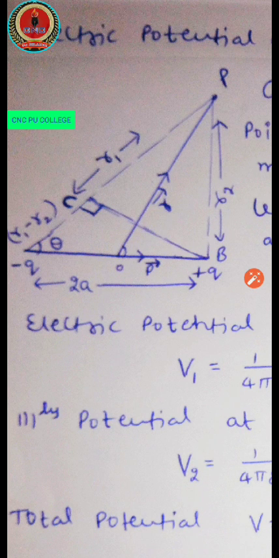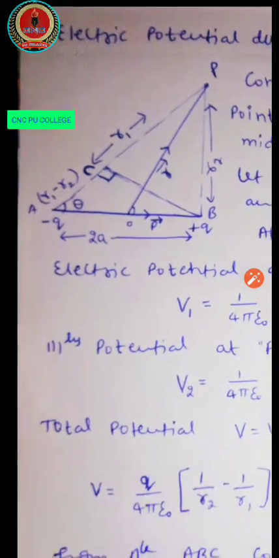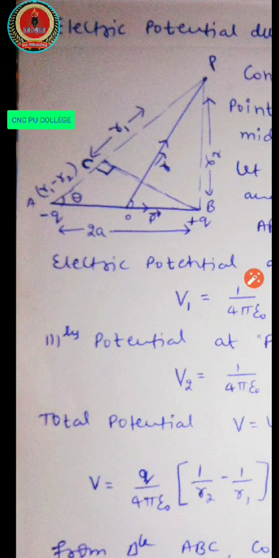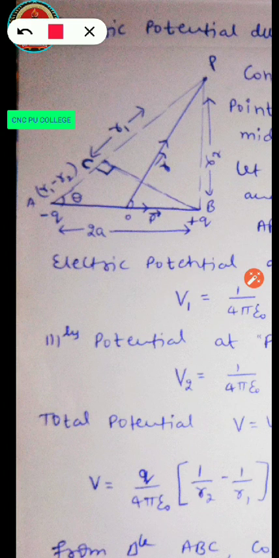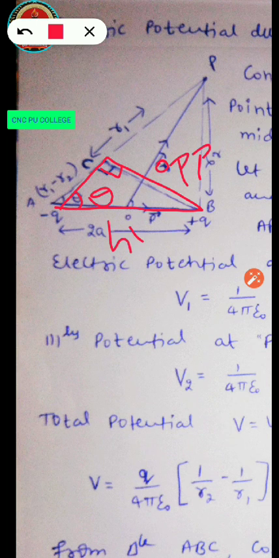Now just observe this triangle, that is ABC. So this will be a right angle. Here we have theta. So this side becomes opposite, this will be hypotenuse and this is adjacent.